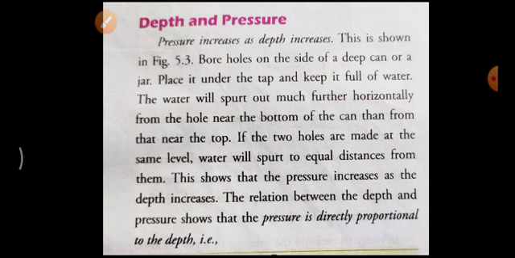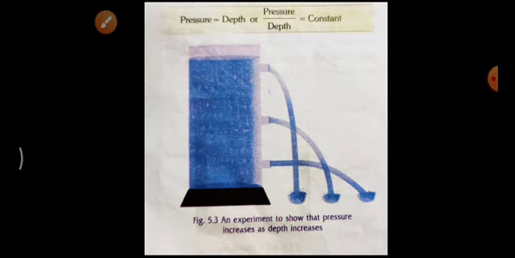After that we can easily observe how the pressure is increasing or how it is related to depth. This is shown in figure 5.3, you can see that one, this one I was telling about.